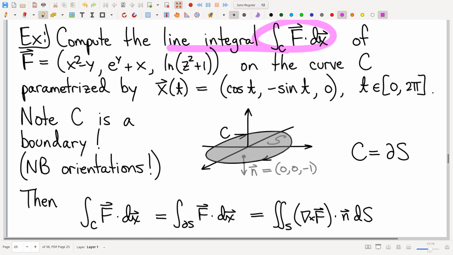And again, of course, you could brute force this. You could take your parameterization and plug it in and do the pullback and all that whole mess. And you can see it coming. That'd be really annoying because x is trig, y is trig. All that plugs into here, and you'd have it. It's not that it wouldn't be doable, but it's integrals we don't really want to mess with if we can avoid them.